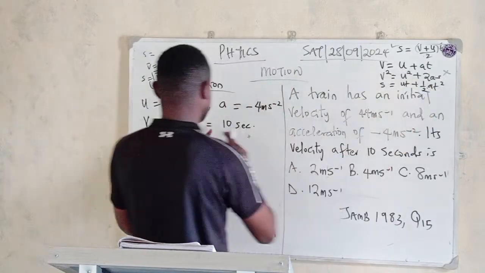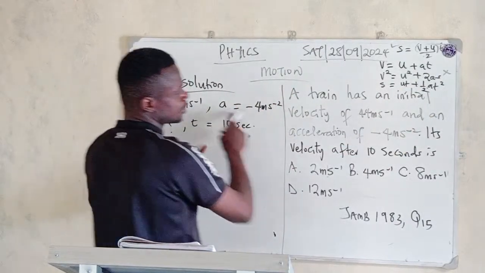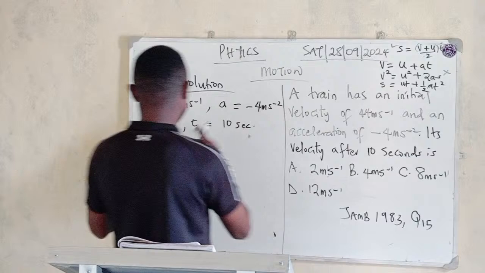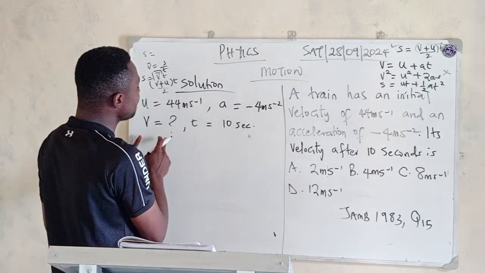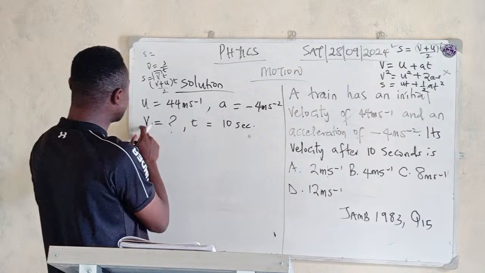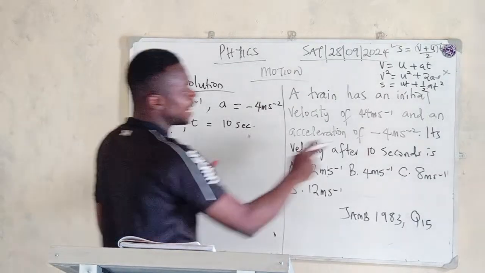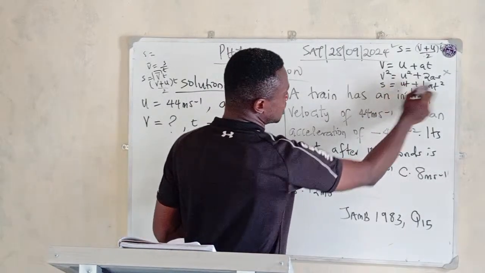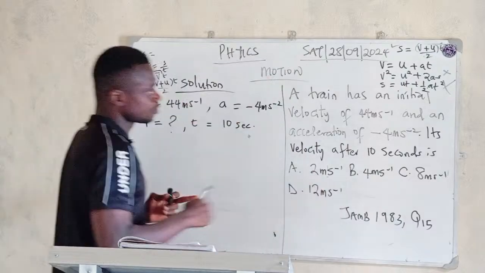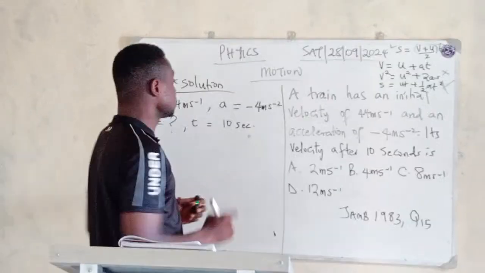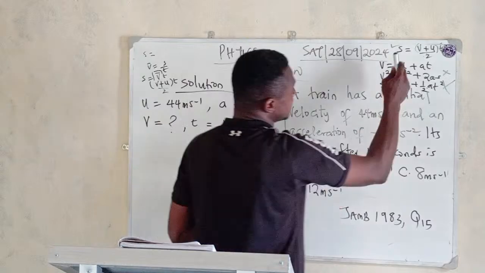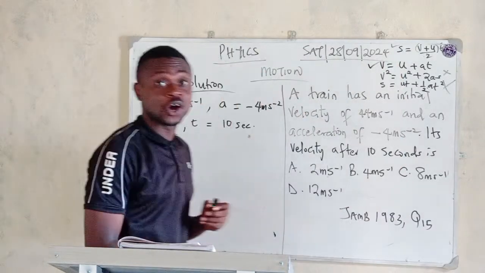Acceleration is here, there is acceleration. But here we have final velocity, and there is no final velocity. So this one doesn't go. So the only equation that suits this is v equals u plus at. So we're going to use it to solve this question.